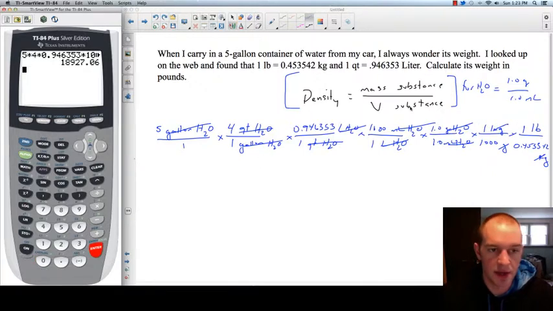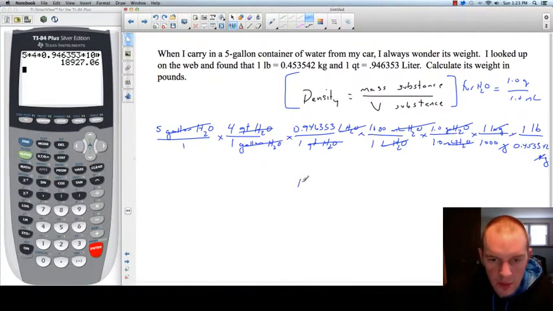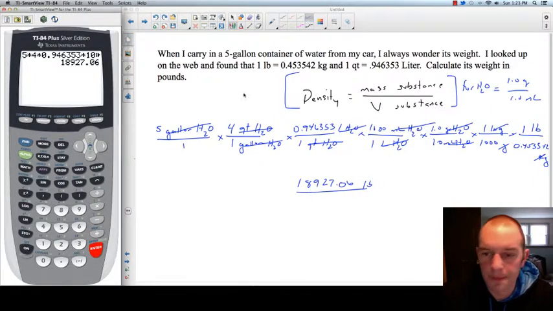So we'll stop there. The numerator works out to be 18927.06 pounds over, now we'll work on our denominator.